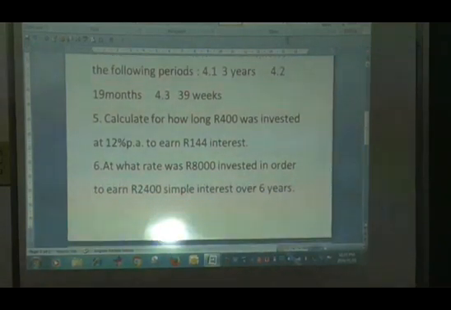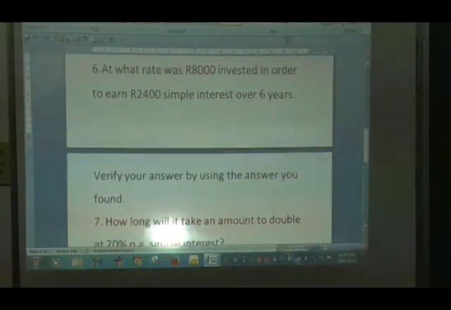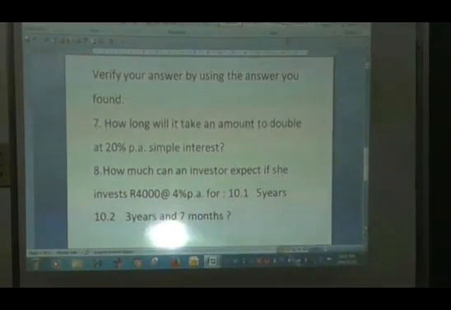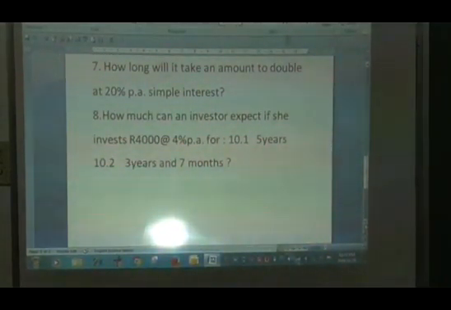In number 6, you must verify your answer by using the answer you found. Number 7, how long will it take an amount to double at 20% per annum simple interest?